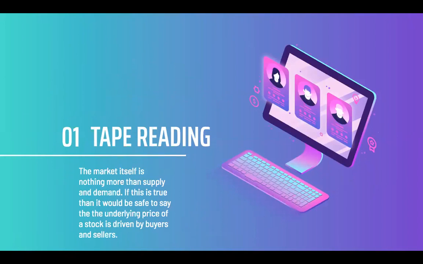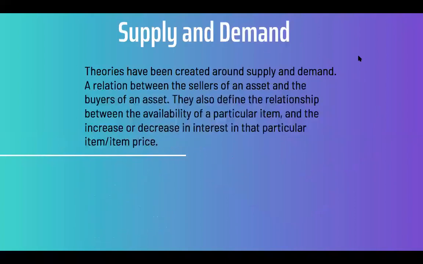If this is true, then it would be safe to say the underlying price of a stock is driven by buyers and sellers. So we're going to talk a little bit about supply and demand before we get into tape reading. And you may ask, what is tape reading?